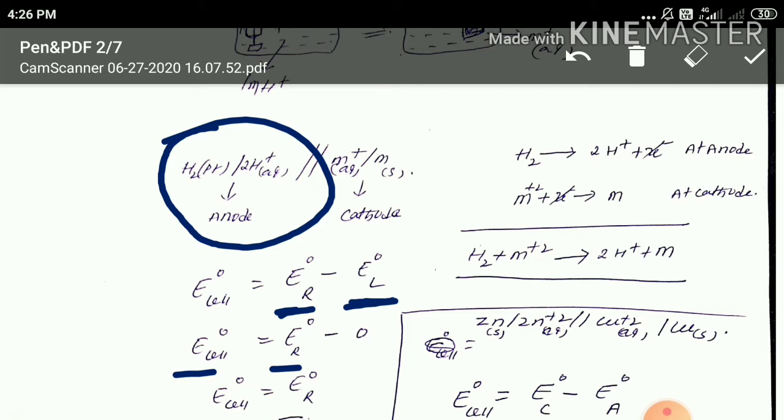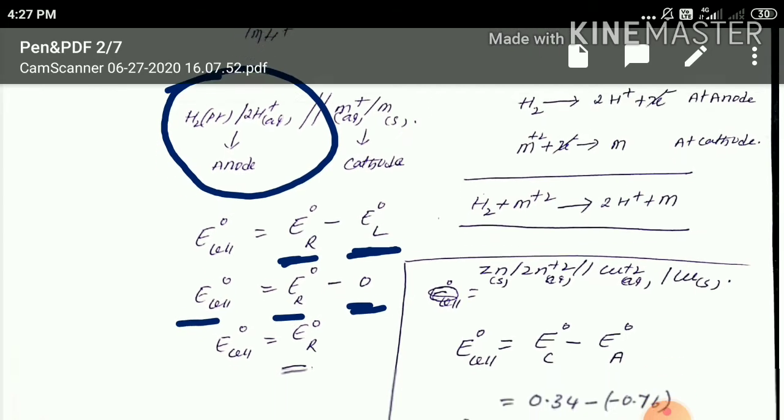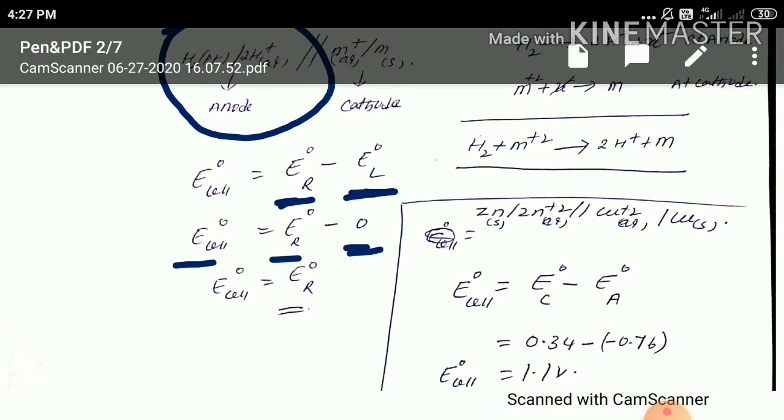Why? Because here the EMF value of the cell is equal to the difference between the standard reduction potential values of cathode and anode. I know the anode value, that is 0. So the EMF value of the cell should be equal to the standard reduction potential value of the unknown cell.